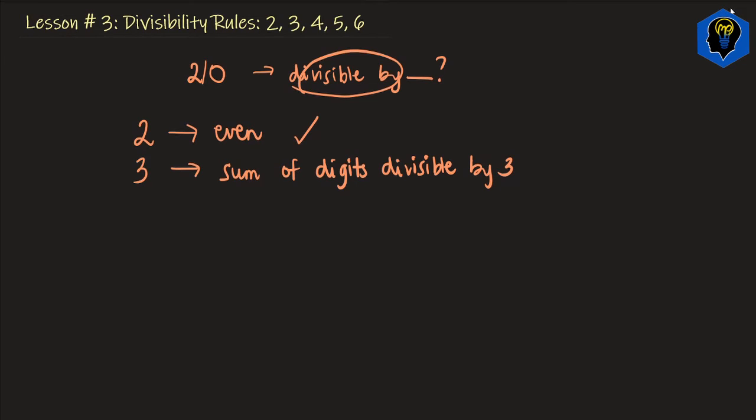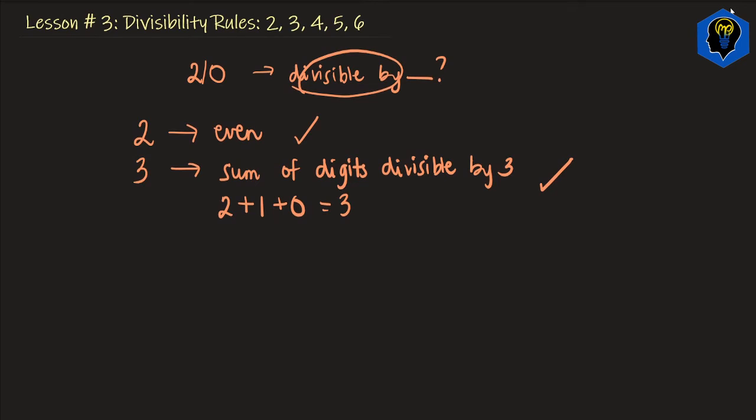What do we mean by that? Our given is 210. So, the digits are 2, 1, and 0. So, we simply get the sum. So, that's 2 plus 1 plus 0, and the answer is 3. So, 3 can be divided by 3 or is divisible by 3. Therefore, the whole number 210 is also divisible by 3.